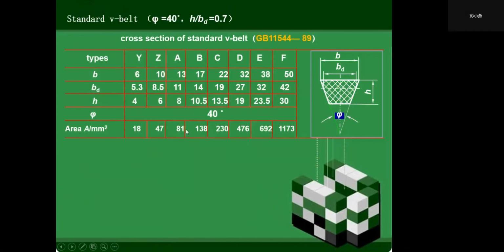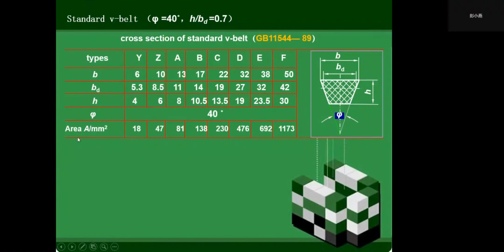And this table lists parameters of the cross section of standard V-belts. For type Y, the b is 6, bd is 5.3, h is 4.